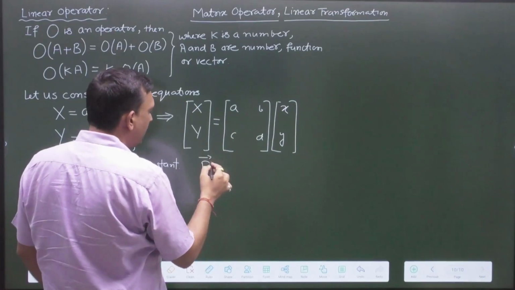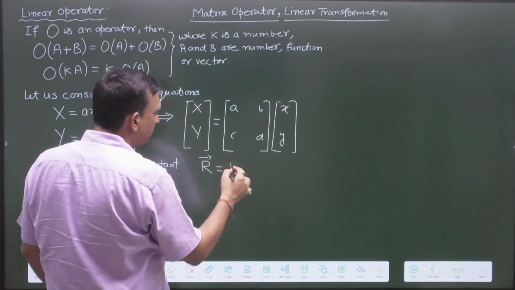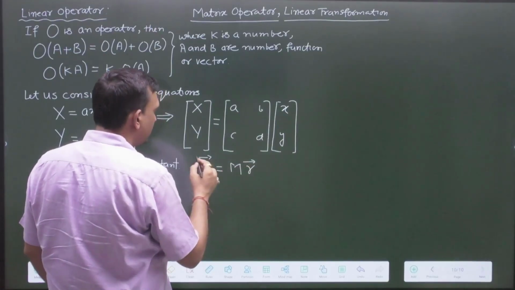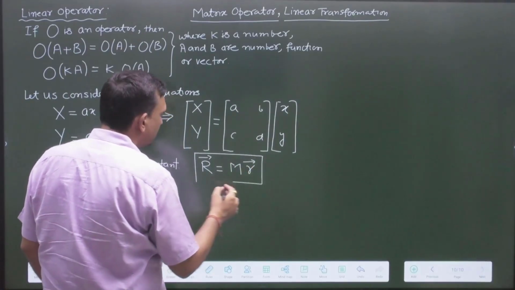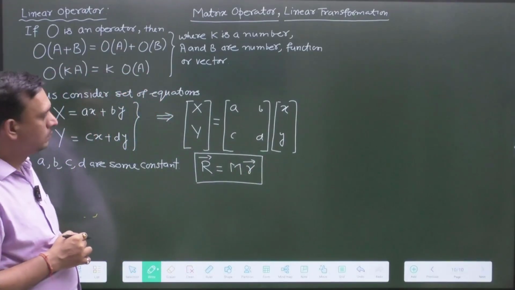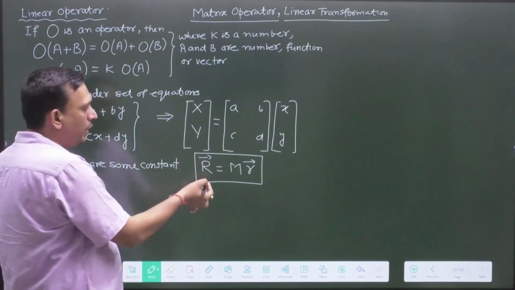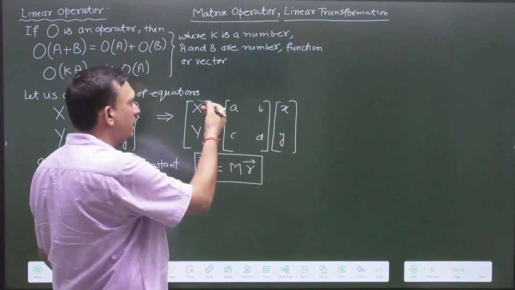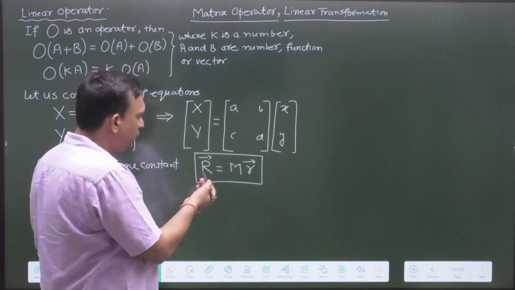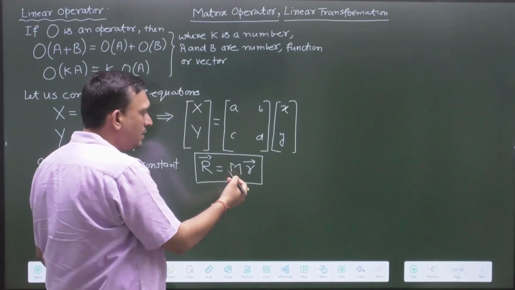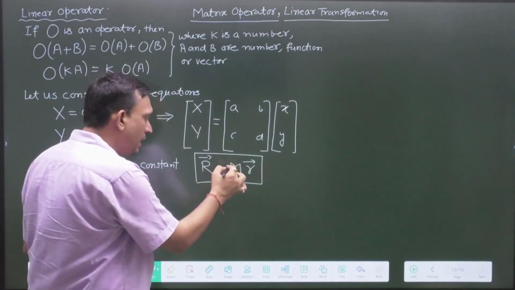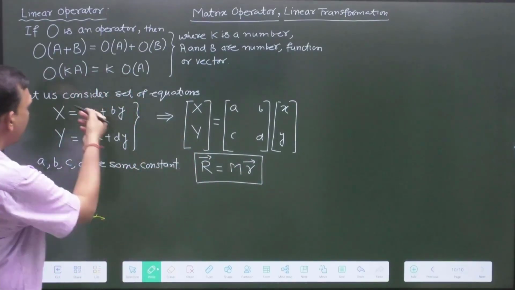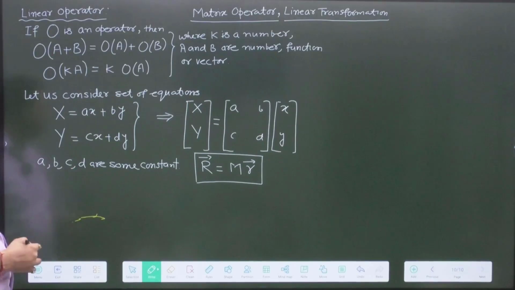Let's say you have a vector r, and this is M r. Components of vector R are capital X and Y. So for given x, y, you will get capital X, Y. In vector notation, you can write it as vector R is M operating on vector r, and you are getting a new vector, where components of the new vector are this solution.